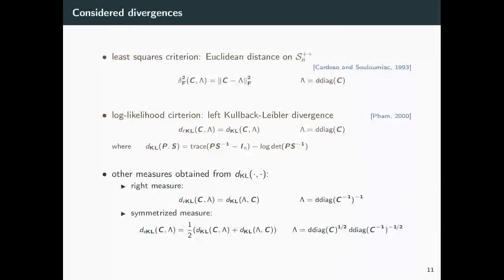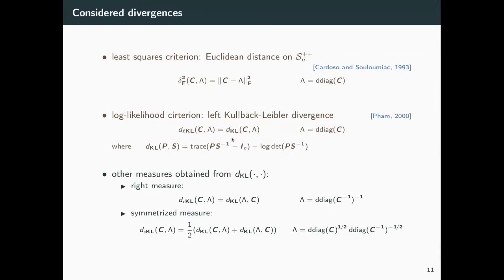The first interesting thing is that with this formulation we get the two classical criteria used for diagonalization. The first one is the Euclidean distance, so the least squares criterion. So we have the Frobenius distance here, for which the closest diagonal matrix to matrix C is given just by taking its diagonal part, and also by taking the left Kullback-Leibler divergence, which is given here, which is non-symmetric, so that's why left.